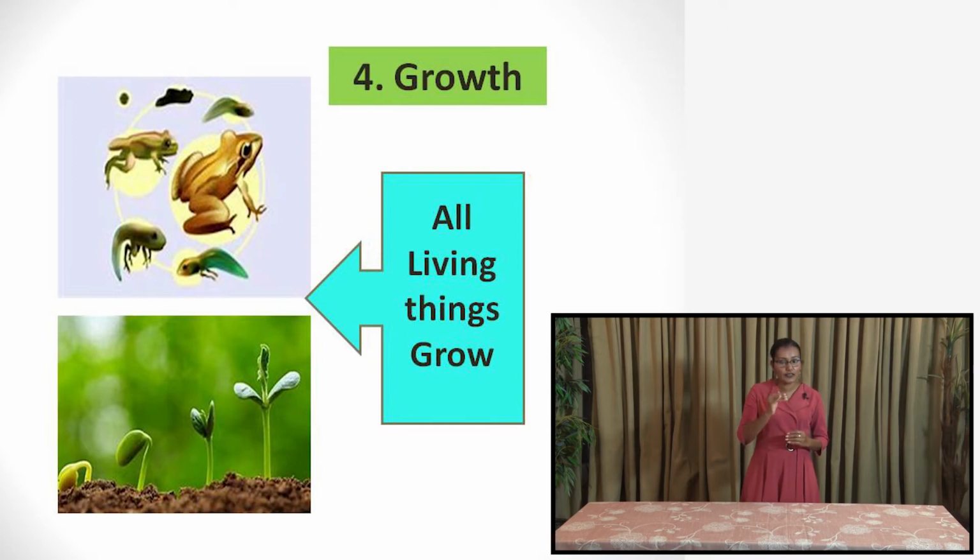It shows there that they grow, right? And in the second picture, you see a plant. And you're actually seeing the stages that the plant is going through. It started from the seed, then into a seedling, and then you get the plant there. So we could all say that living things grow.